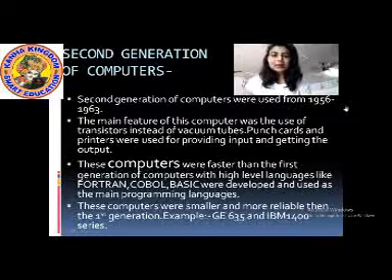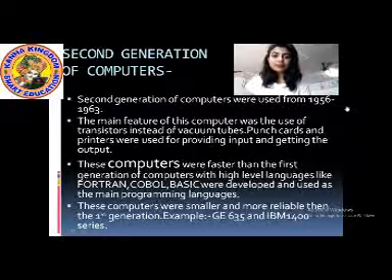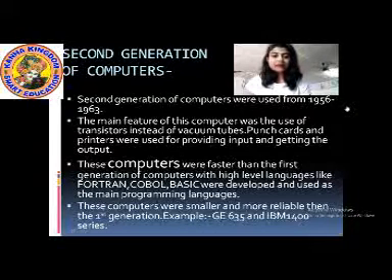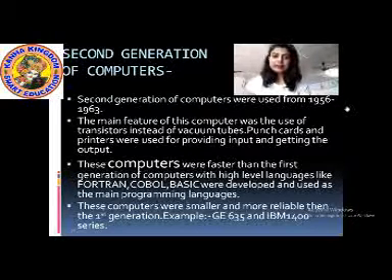Programming languages means the languages the computer can understand, the program that we could perform. The programming languages were Fortran, COBOL and Basic.